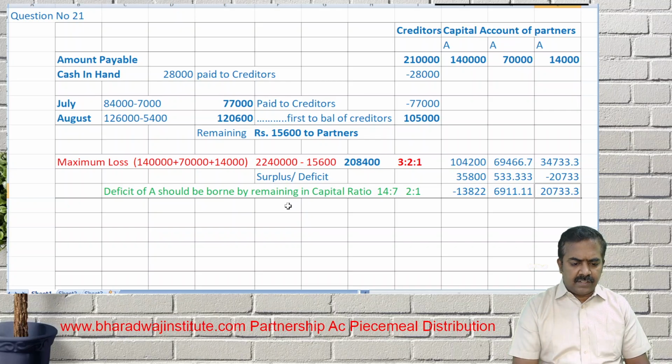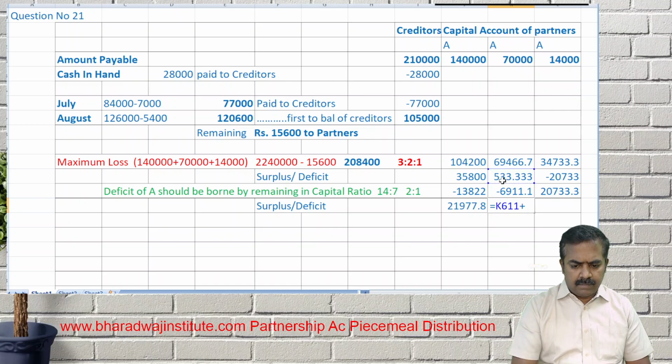After sharing this, again check for surplus or deficit. Again, this partner got a deficit.